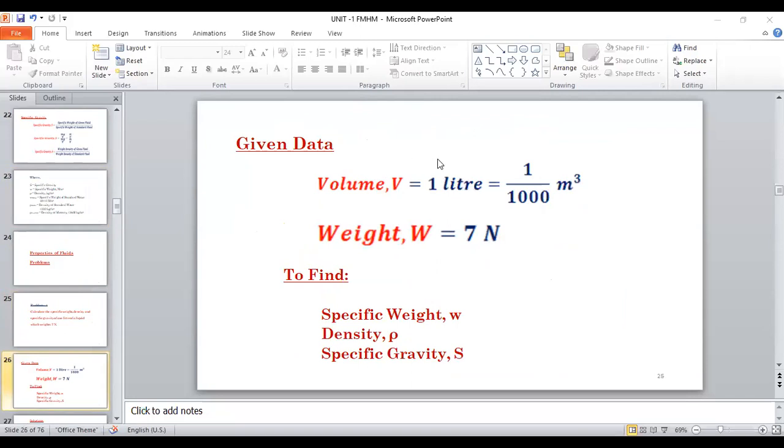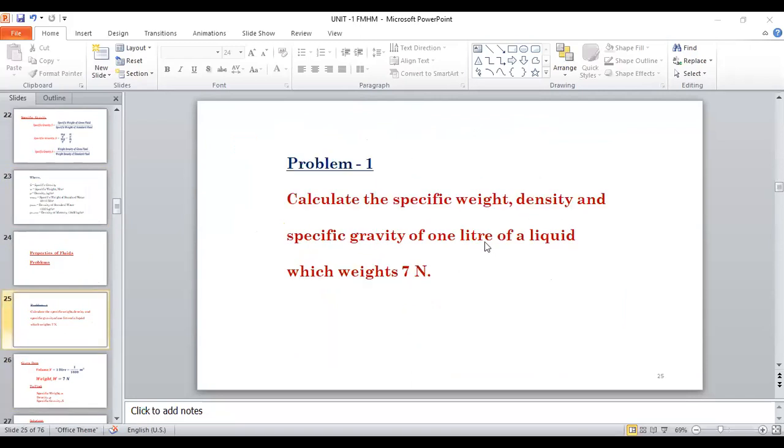First we need to know the conversion of liters into volume. How will you measure volume in meter cubes? If you consider a vessel of 1 meter cube, where length is 1 meter, width is 1 meter, and height is 1 meter, the amount of water that can be filled in it is that volume.